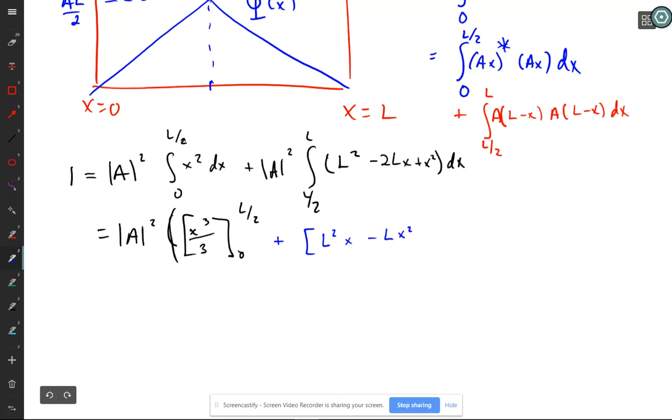Right. We had a 2 over 2, and that was just annoying. And now I have to put in my limits. Two cubed is 8. 8 times 3, 24.